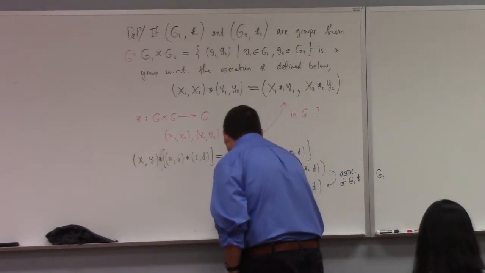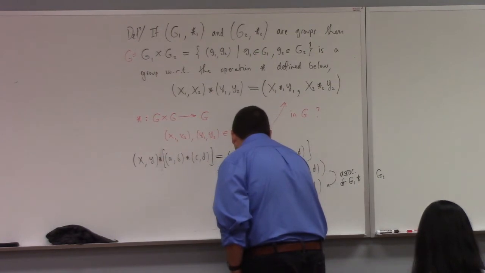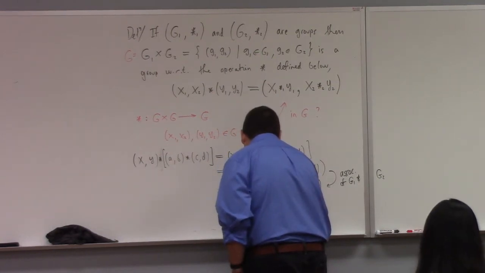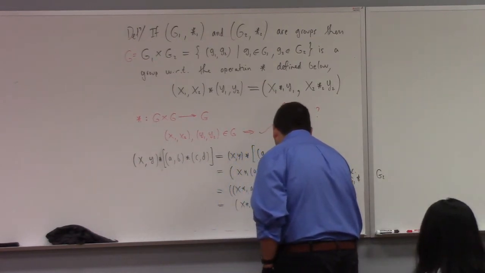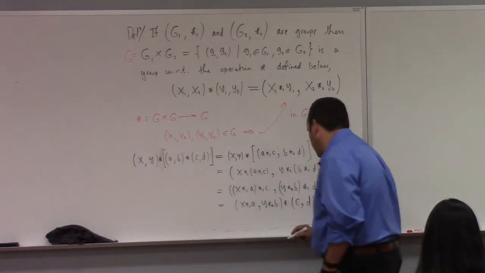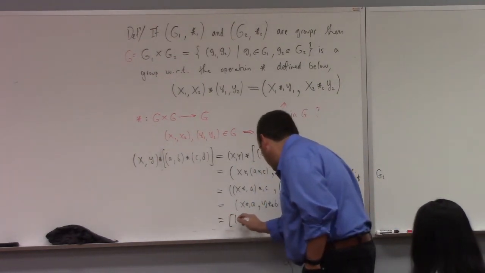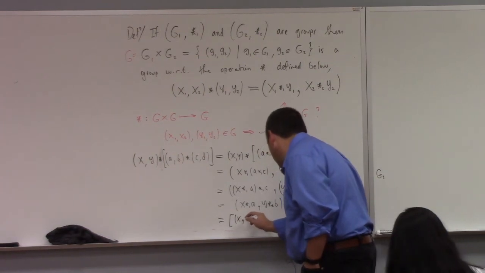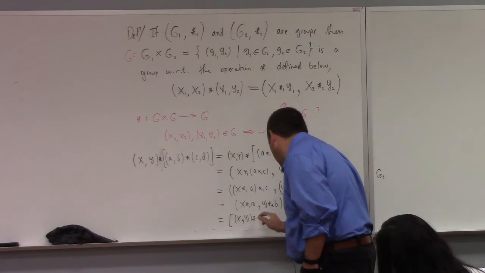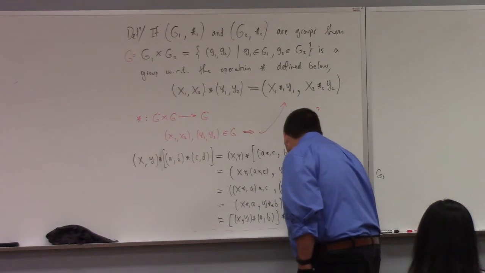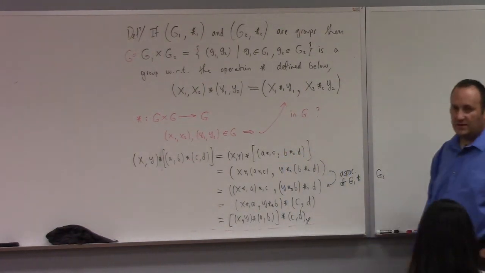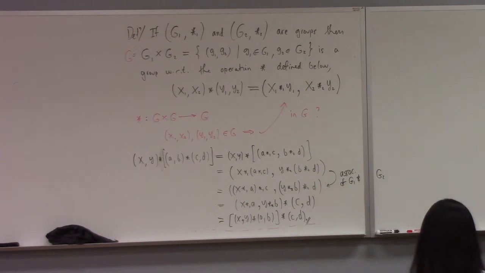This is nothing more than (x star 1 a, y star 2 b) star (c, d), which is [(x, y) star (a, b)] star (c, d), which is associativity of the group operation on the Cartesian product. So there you go. Associativity of the components transfers to associativity of the direct product.